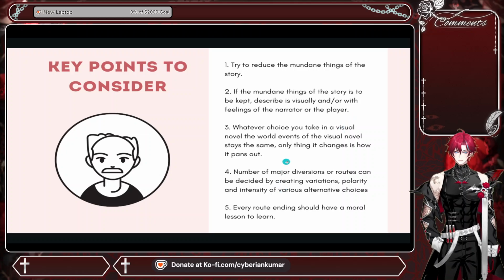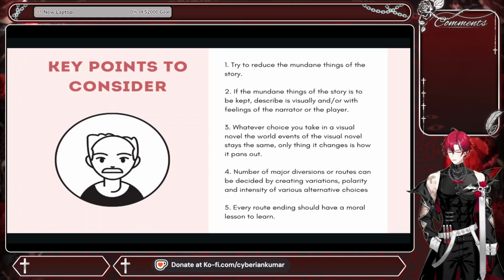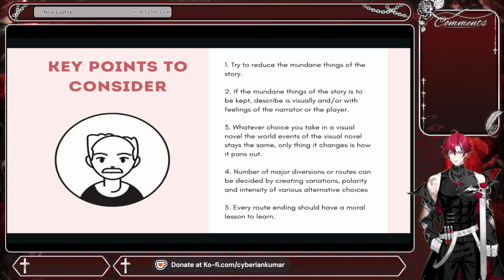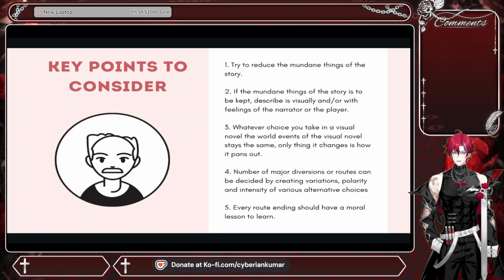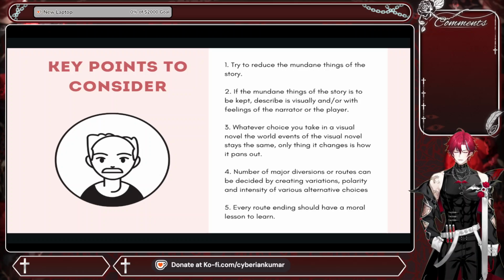The third thing is that whatever choice you take in the visual novel, the world events of the visual novel stay the same. The only thing that changes is how it pans out. There are certain world events outside the control of whichever characters you have chosen or whatever story you are portraying.